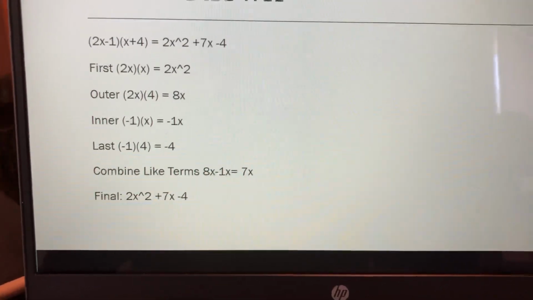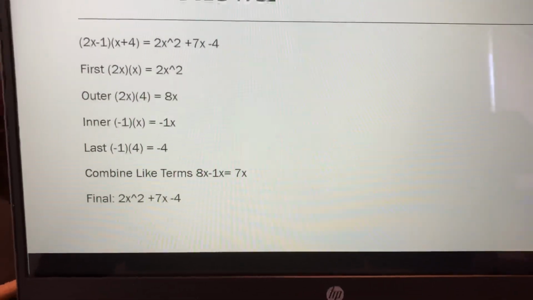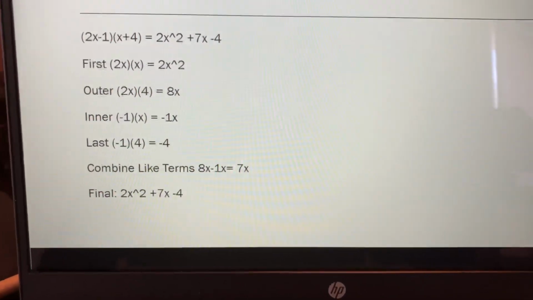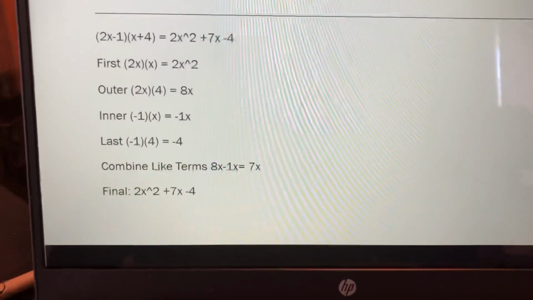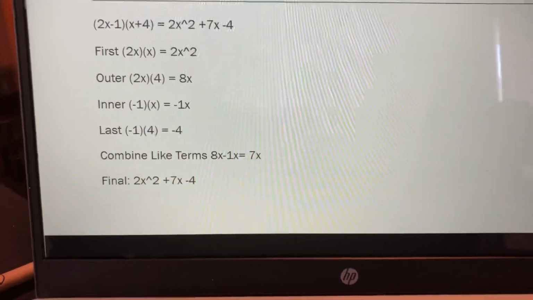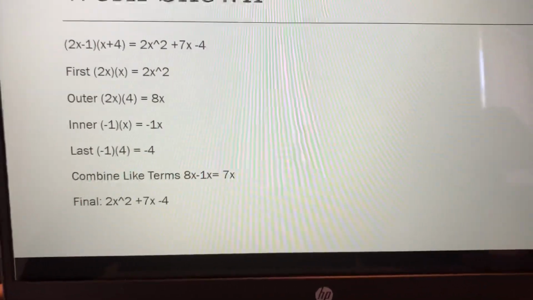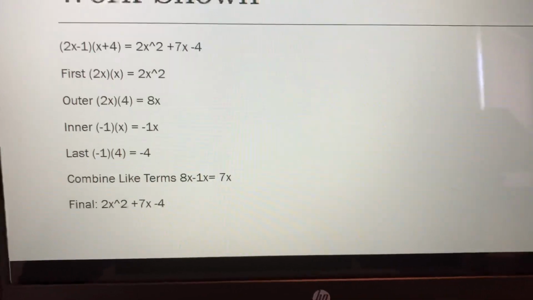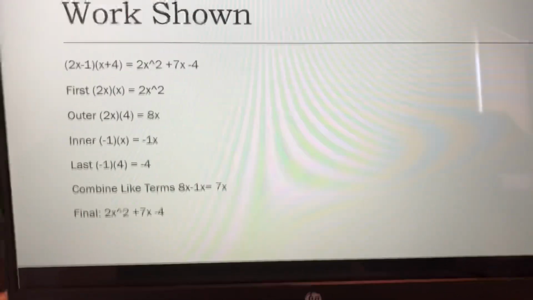And then our last terms, negative 1 times 4, which leaves us with negative 4. So we combine our two like terms, our x to the power of 1s. We've got 8x minus 1x leaves us with 7x. So your final answer that you guys did a great job coming to is 2x squared plus 7x minus 4. Great job with that.